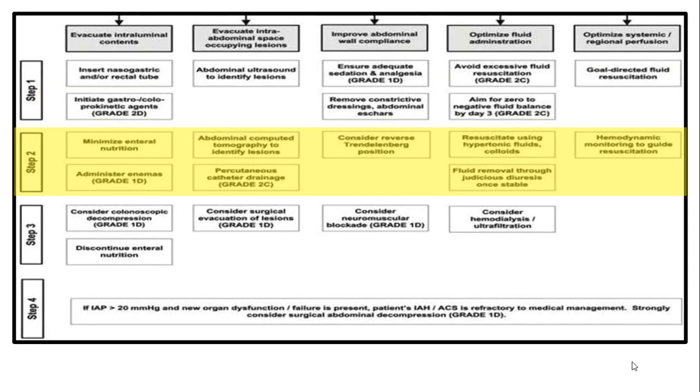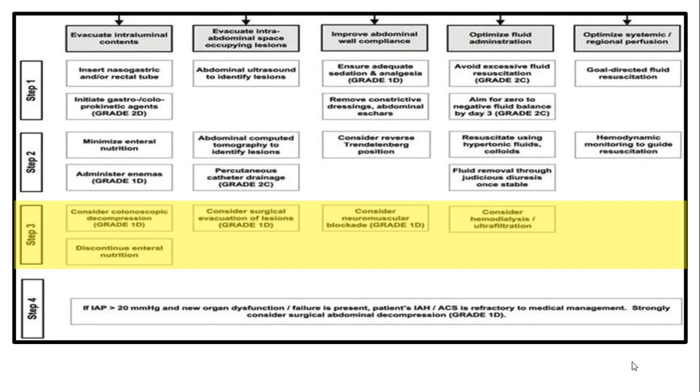And step 2 is to minimize enteral nutrition and administer enemas, abdominal computed tomography to identify any lesions, consider reverse Trendelenburg position, resuscitate using hypertonic fluids, and hemodynamic monitoring to guide resuscitation.